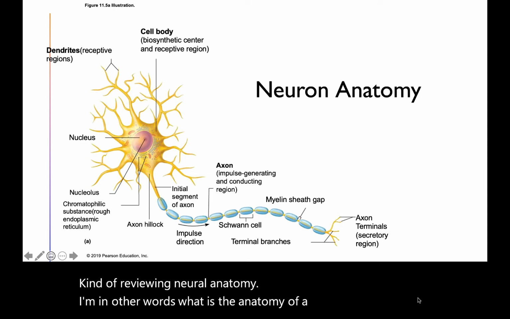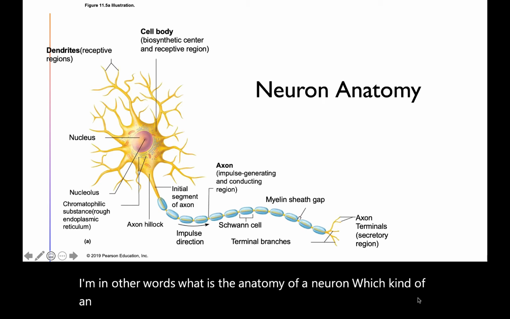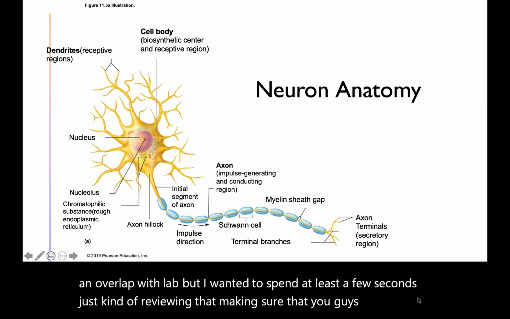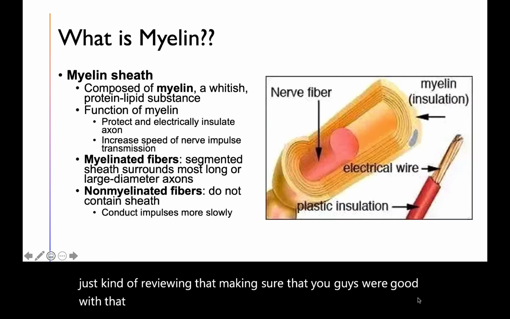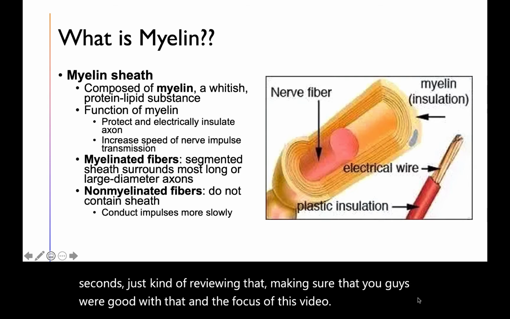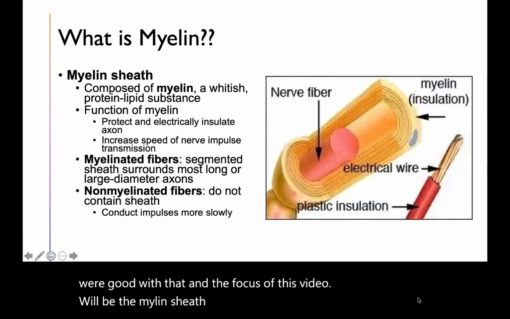Which overlaps with lab, but I wanted to spend at least a few seconds reviewing that, making sure that you guys were good with that. And the focus of this video will be the myelin sheath and exactly what is or is not myelin.